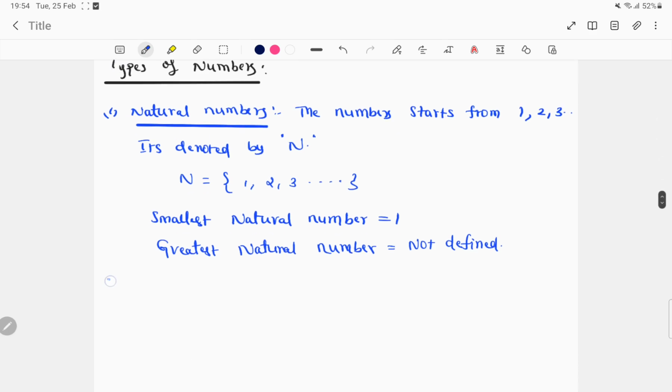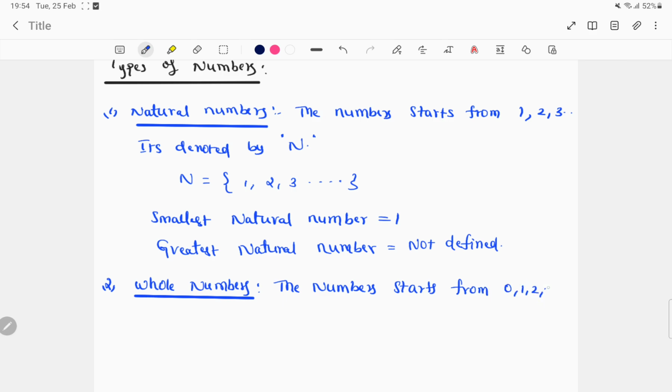So the next one is whole numbers. The numbers that start from 0, 1, 2, 3 and so on are called whole numbers.